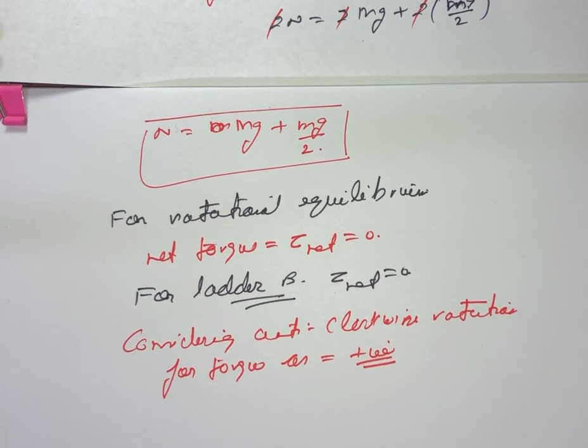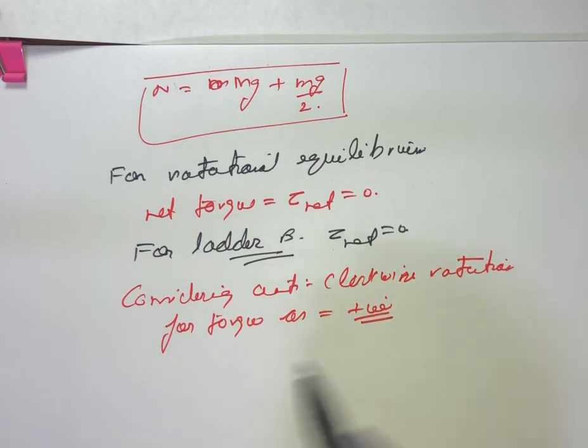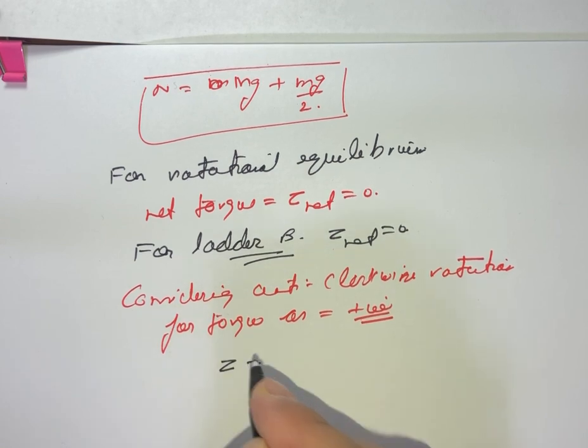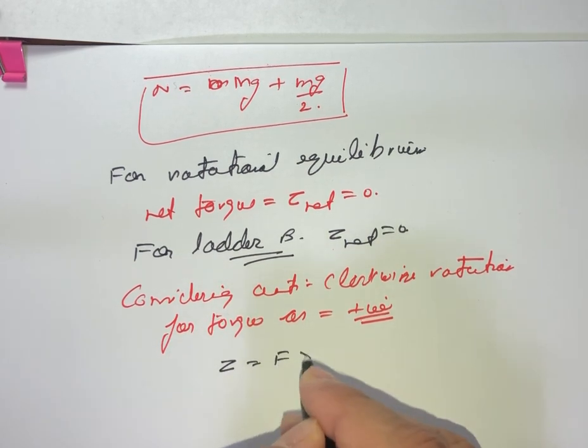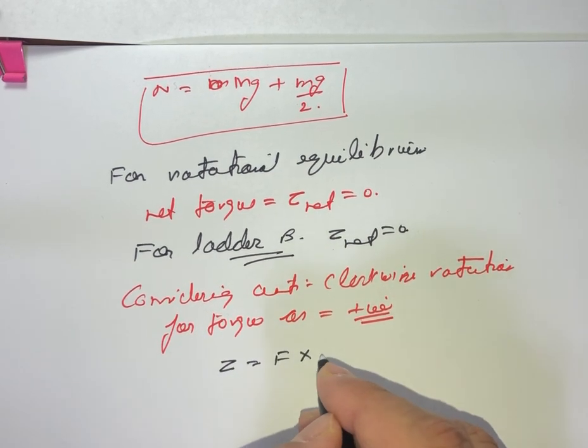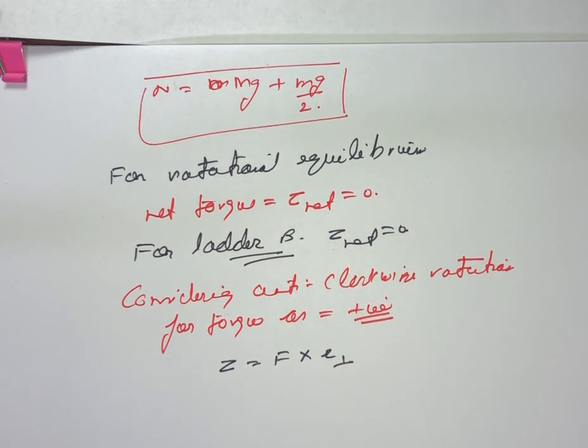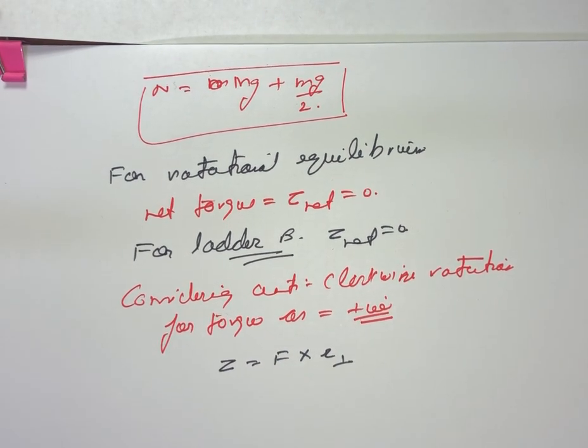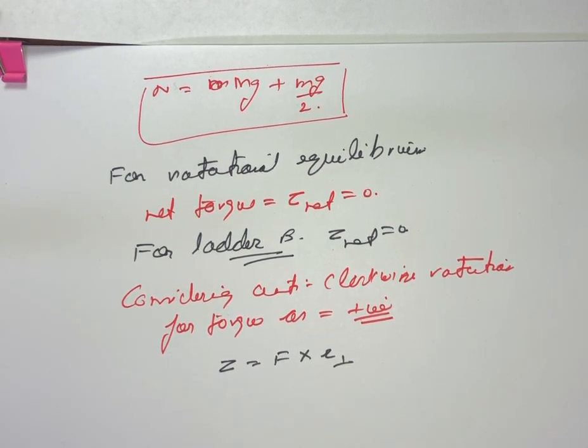Therefore, we can use the general formula for torque, which states that tau should be equal to force multiplied by perpendicular distance. Okay. Now, there are some of the forces which pass through the reference point.